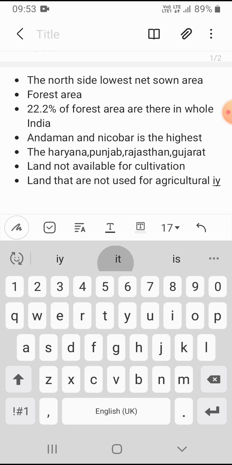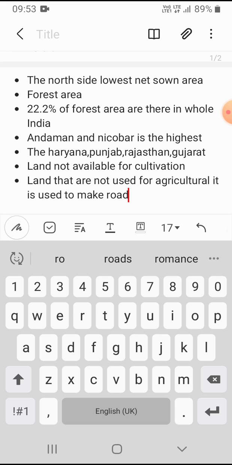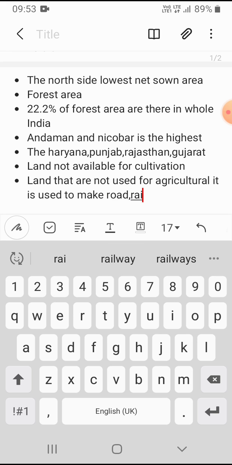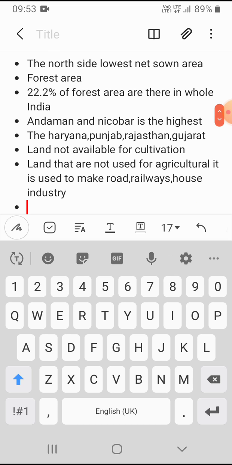It is used to make roads, railways, houses, and industries. That type of land is called land not available for cultivation.